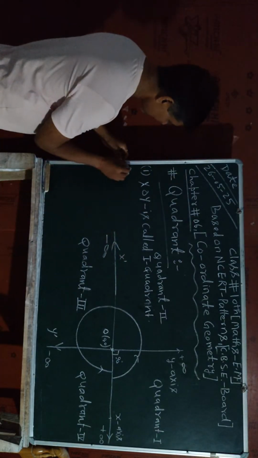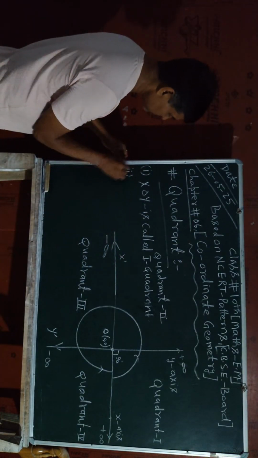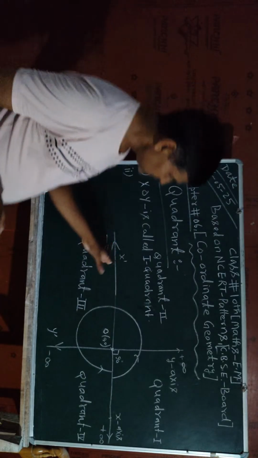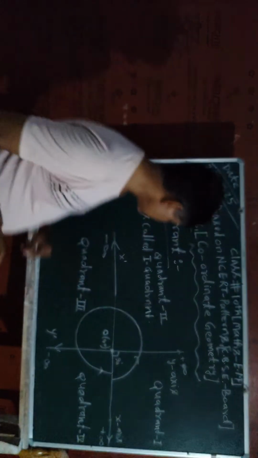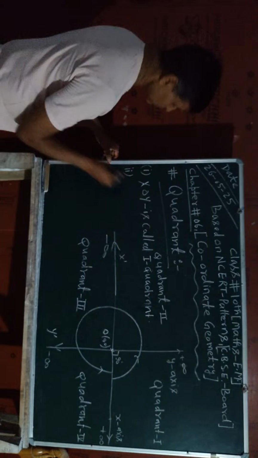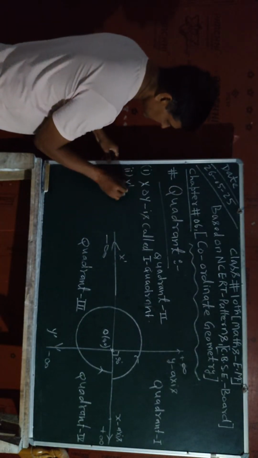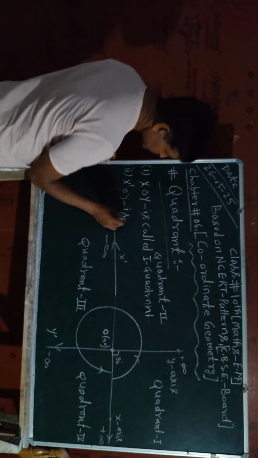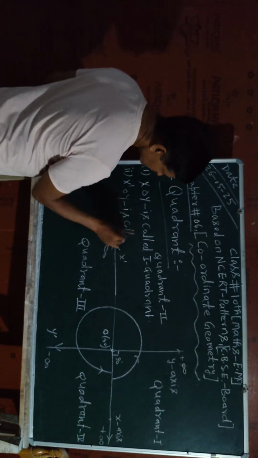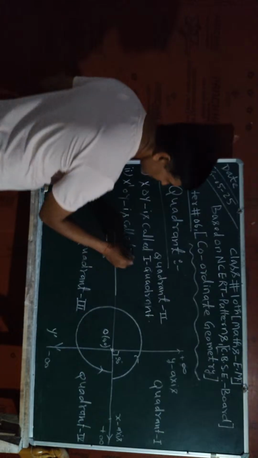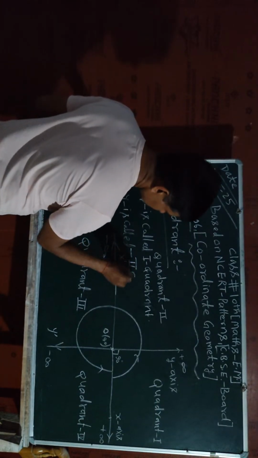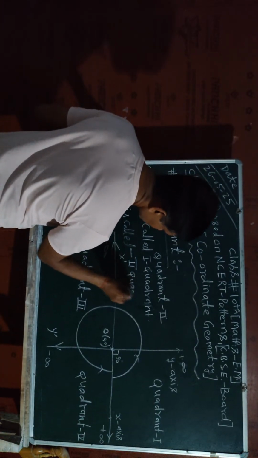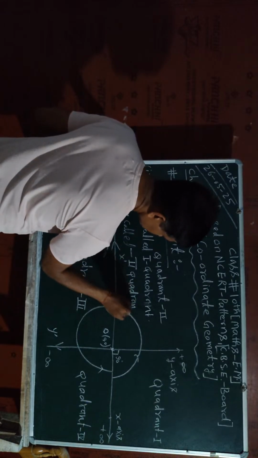Similarly, I will write the next information. Here I will say x dash o y, that is the second quadrant. x dash o y is also called the second quadrant.